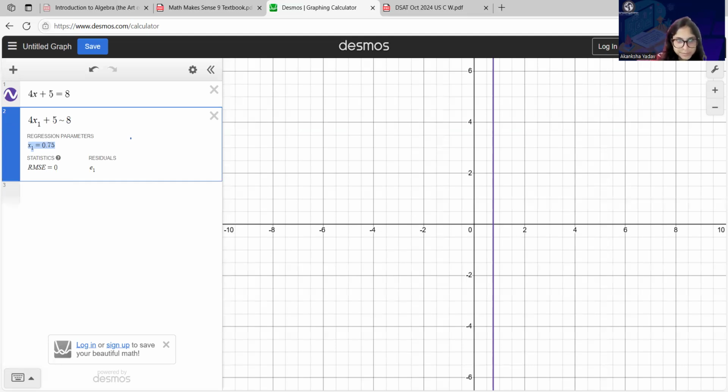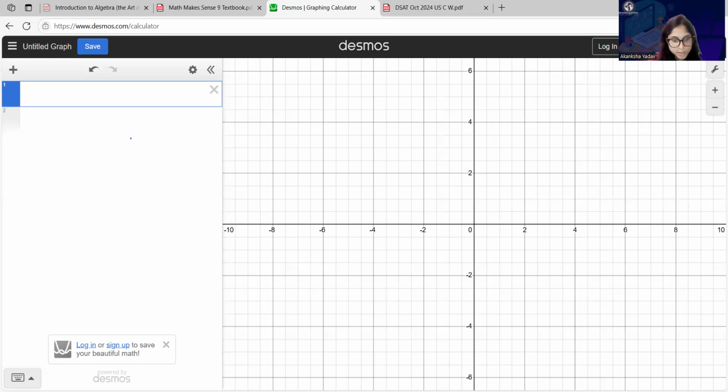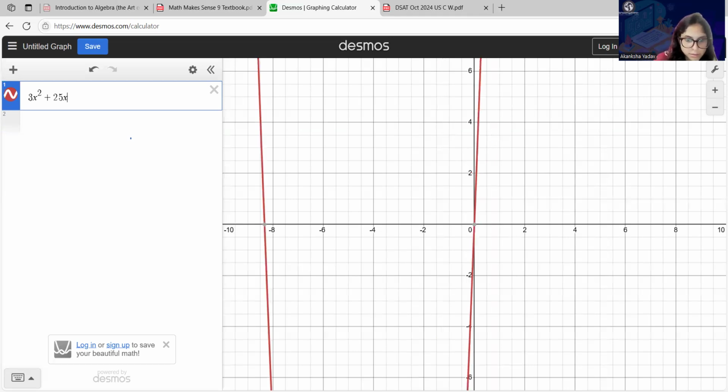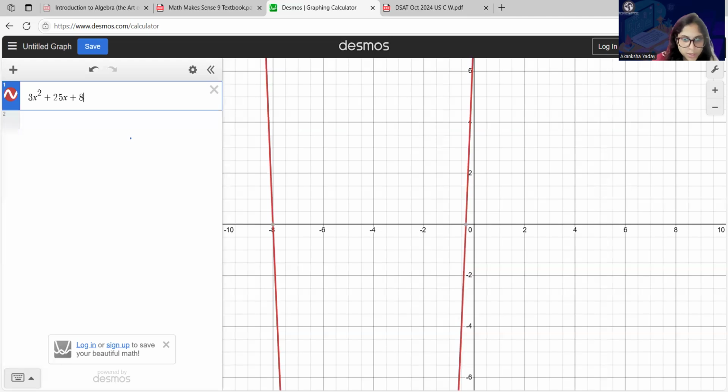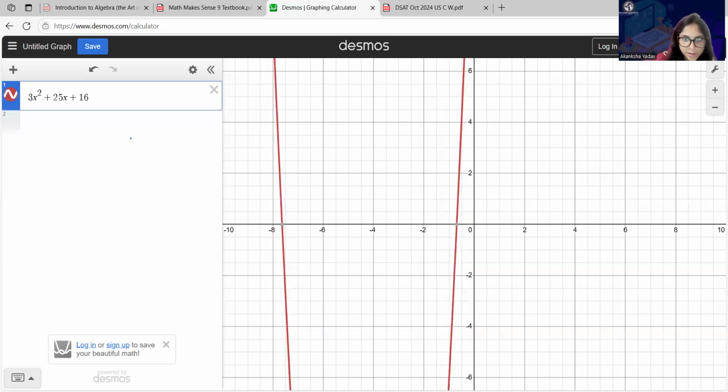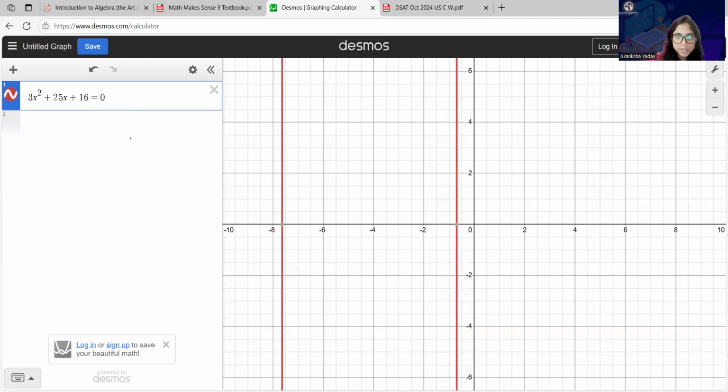Make sense? Similarly, in quadratic equations, we can do, for example, 3x squared plus 25x plus 16, let's say, is equal to 0. So now you're seeing two different points.